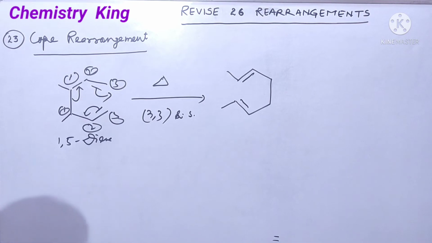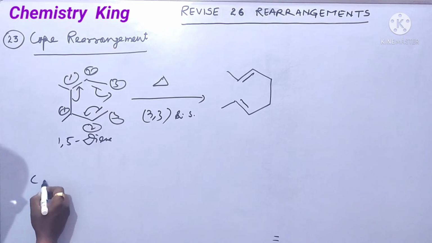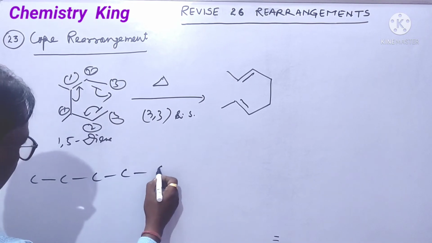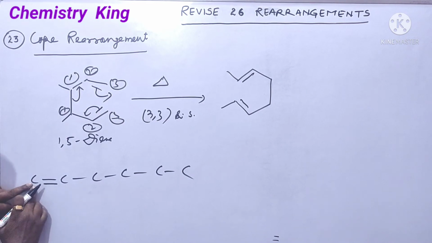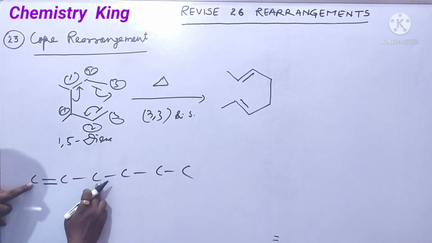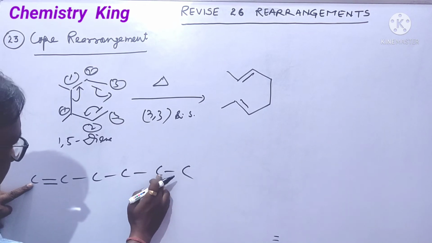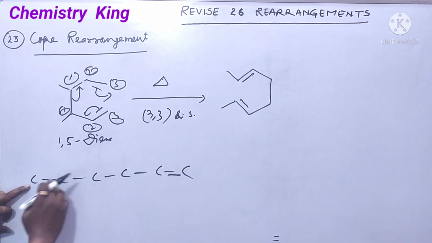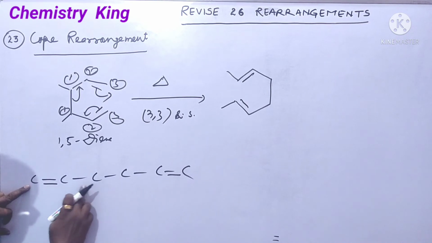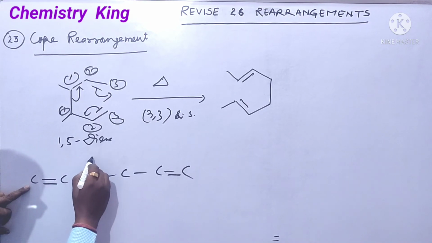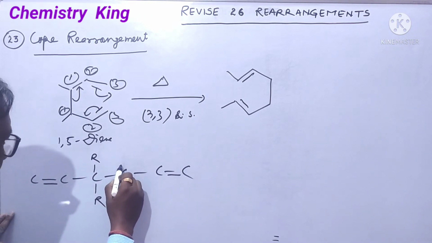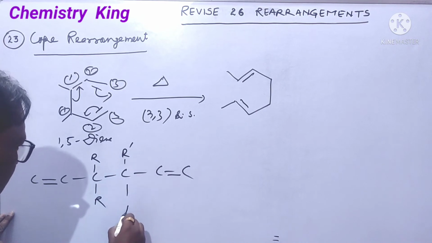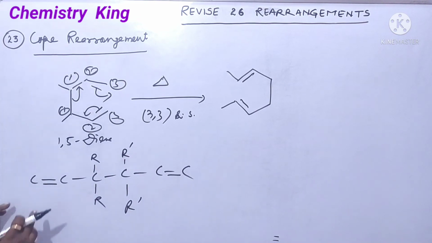In a similar fashion, you can see Aza-Cope rearrangement. Right here 1, 2, 3, 4, 5, 6. Double bond is at the 1 position and the fifth position, so at 1 and 5. Right here R and right here R dash.